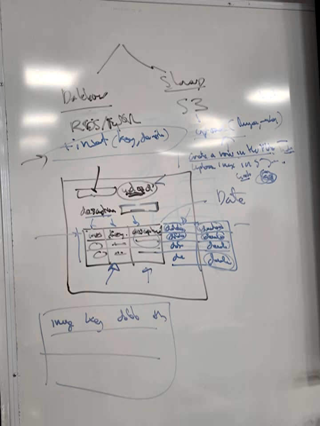I mean, that's the lambda to create a new row, and it needs to hash because in the table there is something called S3 key, right?